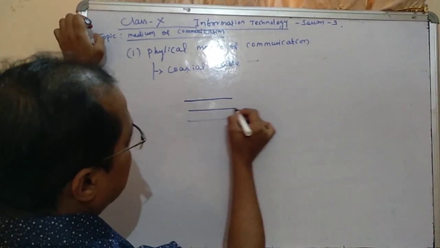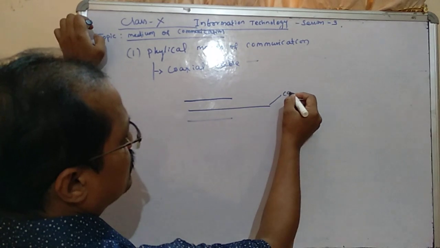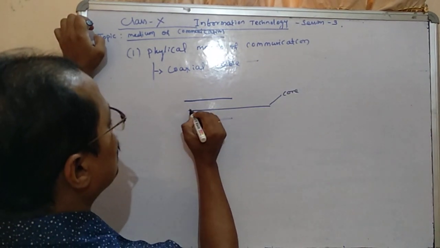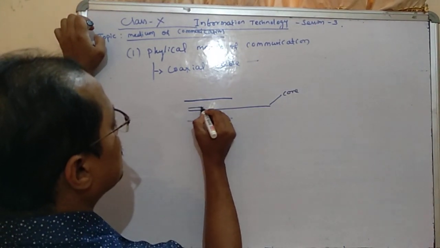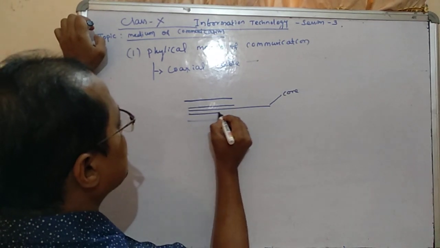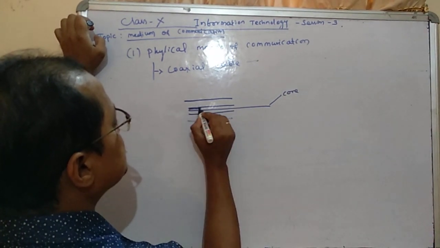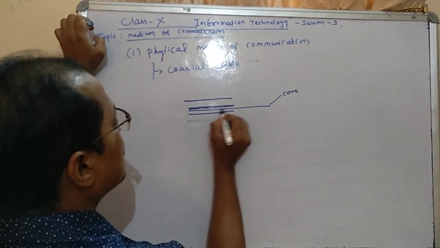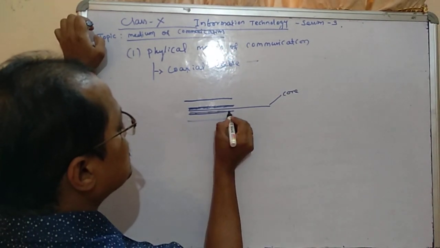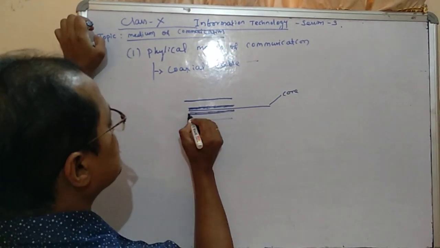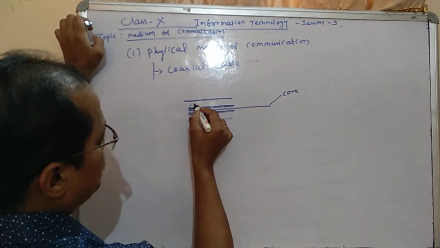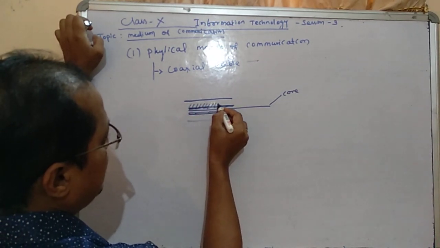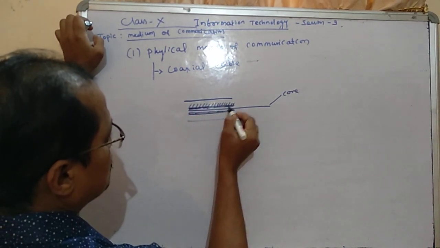In coaxial cable, you can find the core inside it. This is called the core. After the core there is a sheath, which is a little plastic cover over it. Then a net is over this.